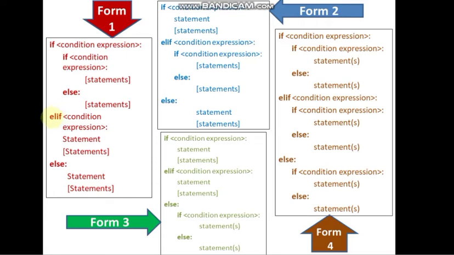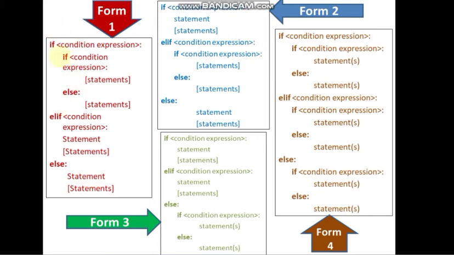Now this else again has one if with it, so else if, elif together. So again this condition will be checked. If this condition is false, then it will enter this elif, where again a condition is checked, and if this condition is true, it will execute these statements. Otherwise, if this condition is false, else these statements will be executed.